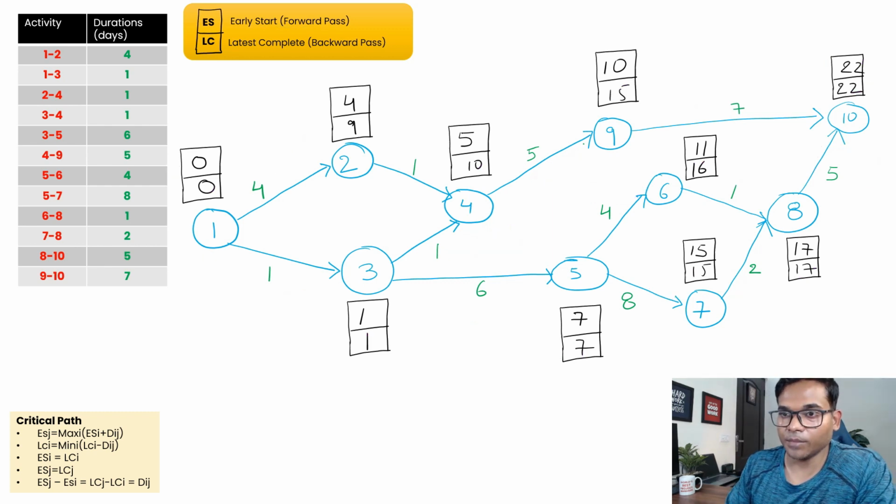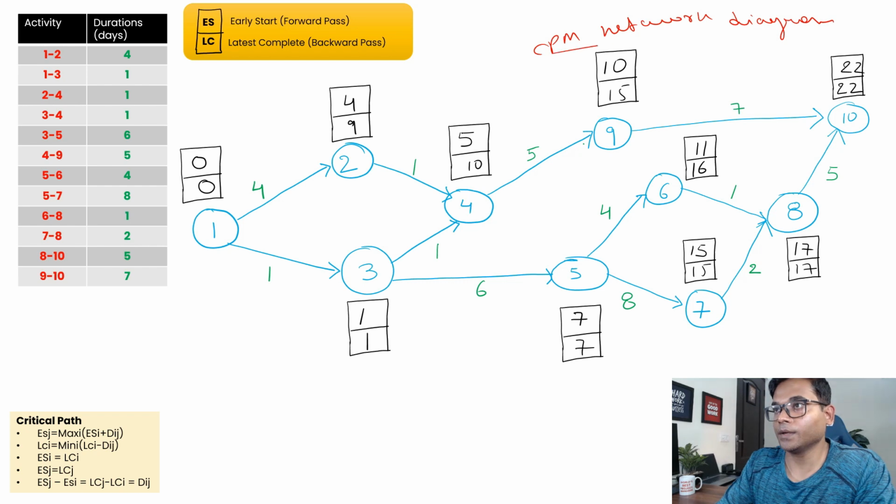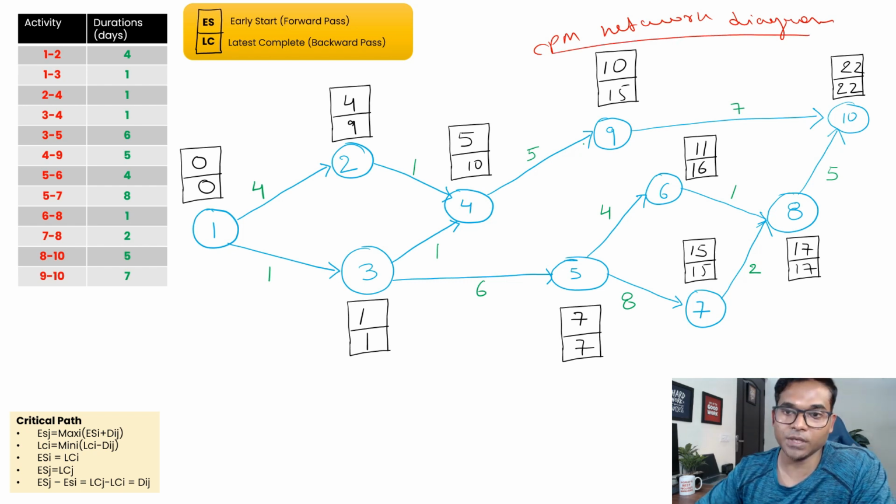We have already completed our network diagram, and this is your CPM network diagram. Now the next question is to identify the critical path.